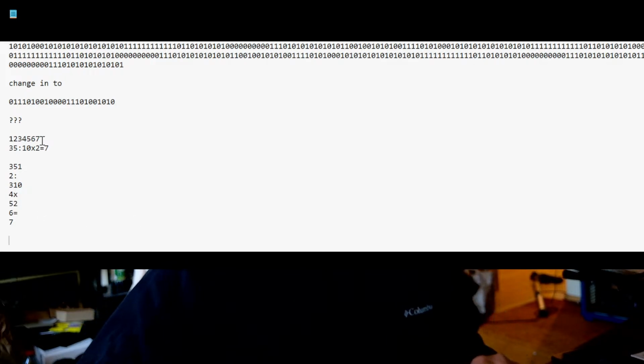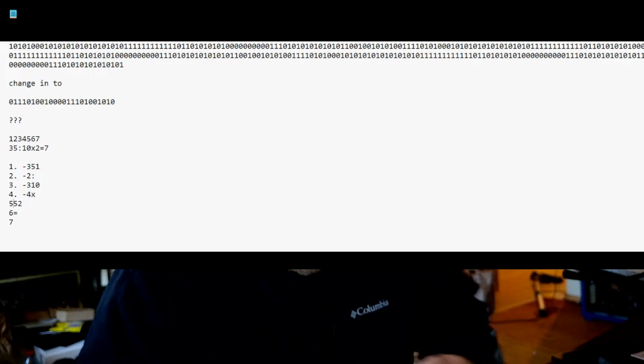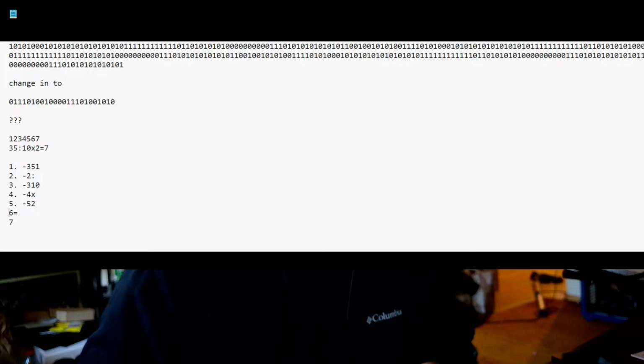So we have these 7 commands: 1 point, 2 point, 3 point, 4 point, 5 point, 6 point, and 7 point.